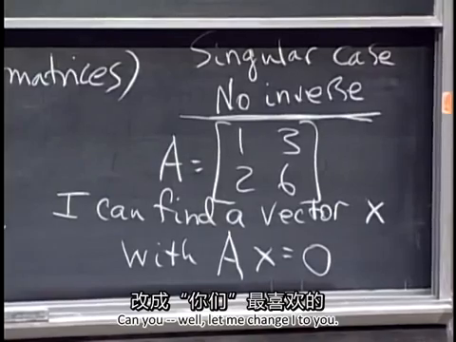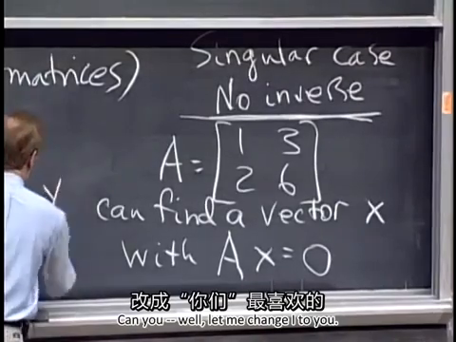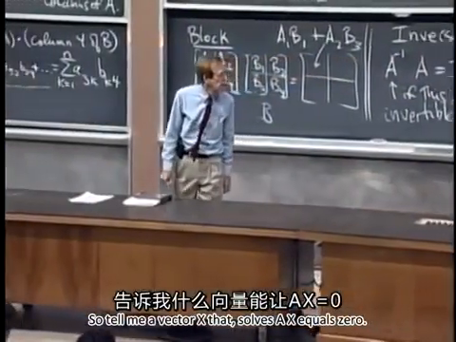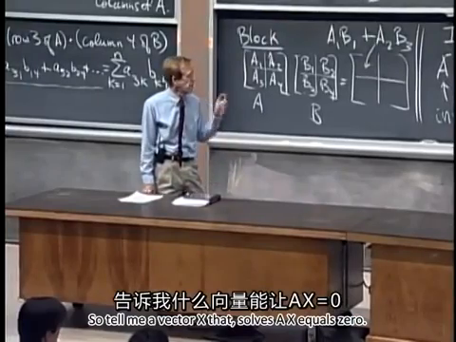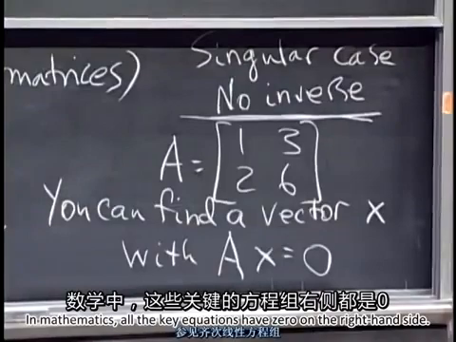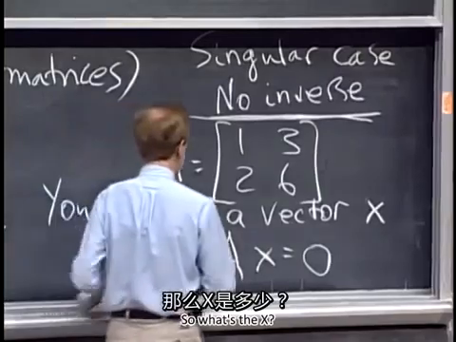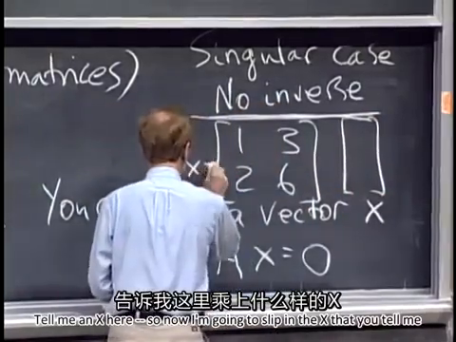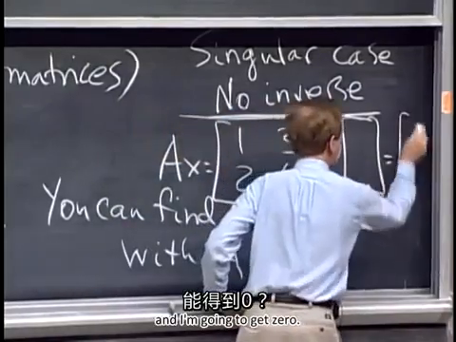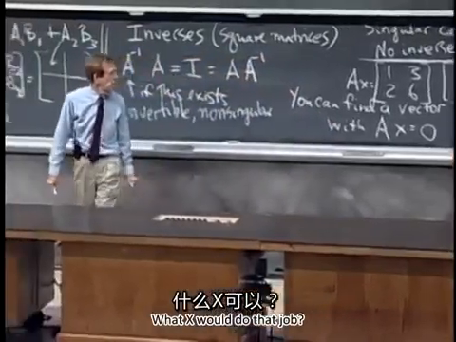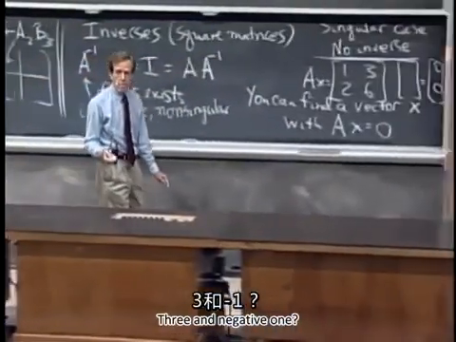So tell me a vector x that solves Ax equals 0. This is like the key equation. In mathematics, all the key equations have 0 on the right-hand side. So what's the x? 3 and negative 1?